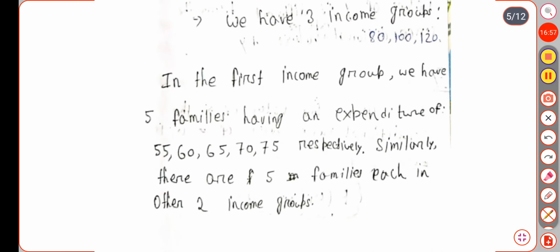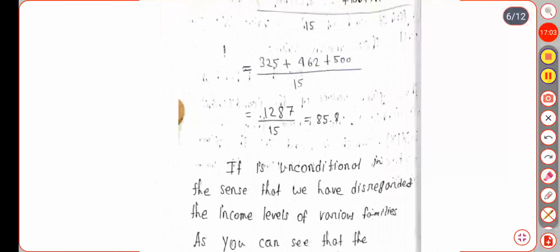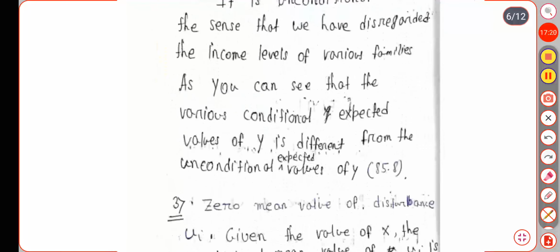Let me just show it so that you understand it. This is the unconditional expected value, denoted by expectation of y, which is 85.8. We have added all 15 consumption expenditures and then divided by 15. Okay, so this is the concept.